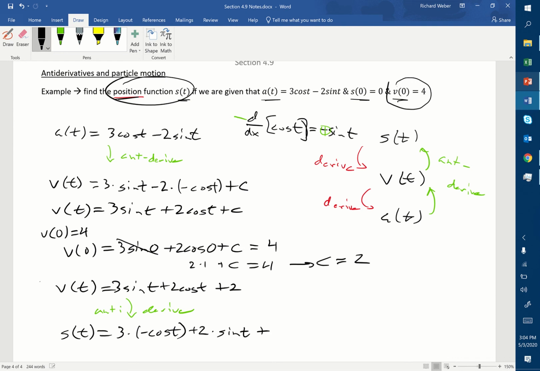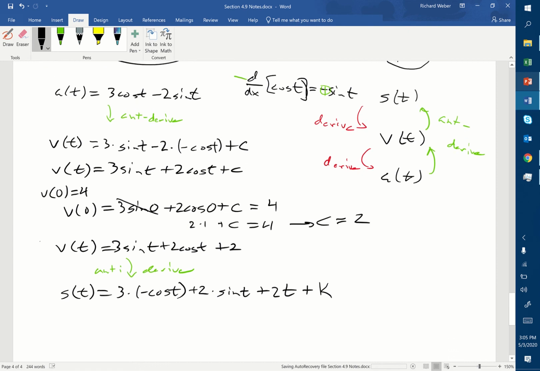Now we have a plus 2. What do we do with it? Tack on the variable t. And we have another constant of integration. Maybe call it k. You can call it c again if you want. Okay? So clean it up. S of t, pretty mechanical, right, is minus 3 cosine t plus 2 sine t plus 2t plus k.